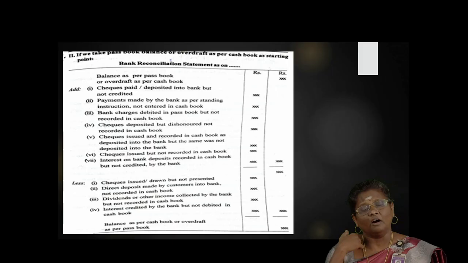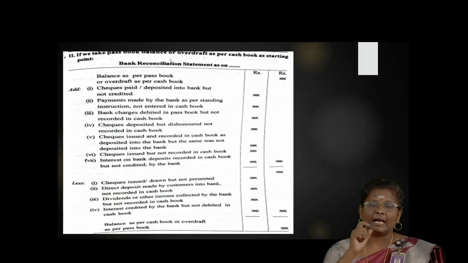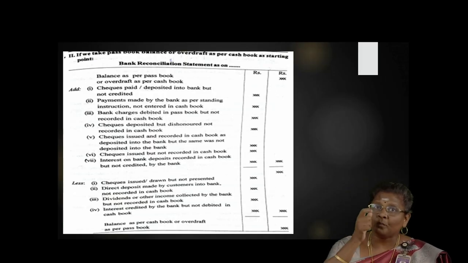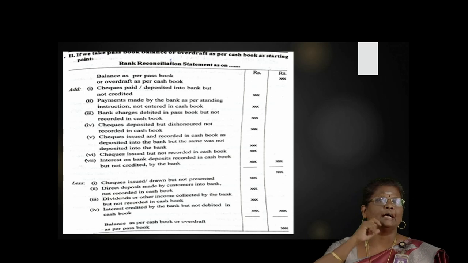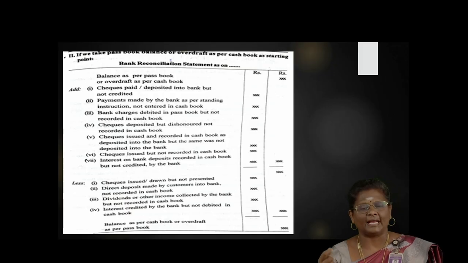If we are taking the balance from the passbook, first we take the balance as per passbook. We already saw that if we start with the balance as per passbook, it should end with the balance as per cash book.